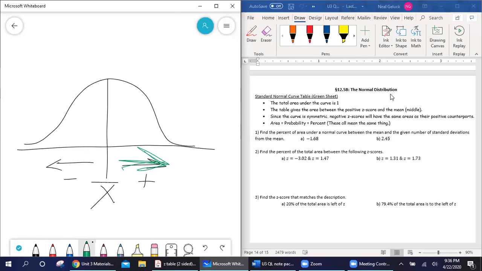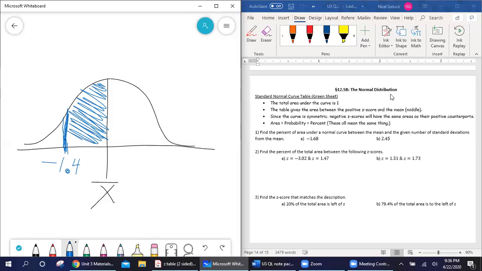let's say, for example, I had a z-score of negative 1.4. If I wanted to know the area from that z-score to the middle, well, on my sheet, it's only giving me positive z-scores.